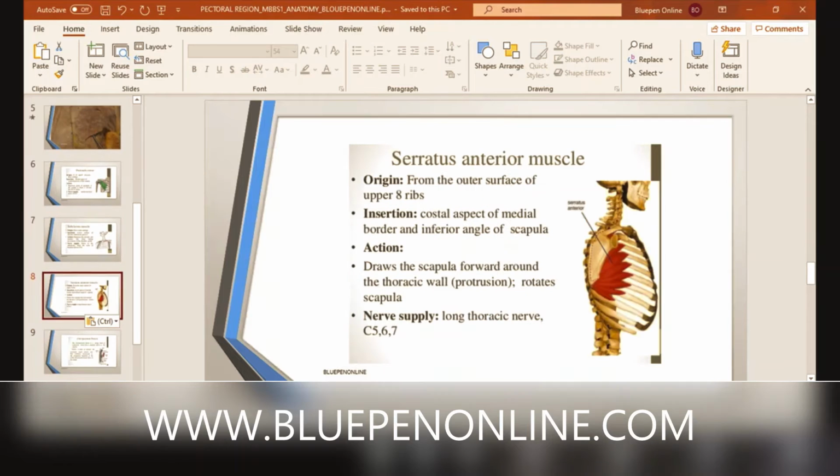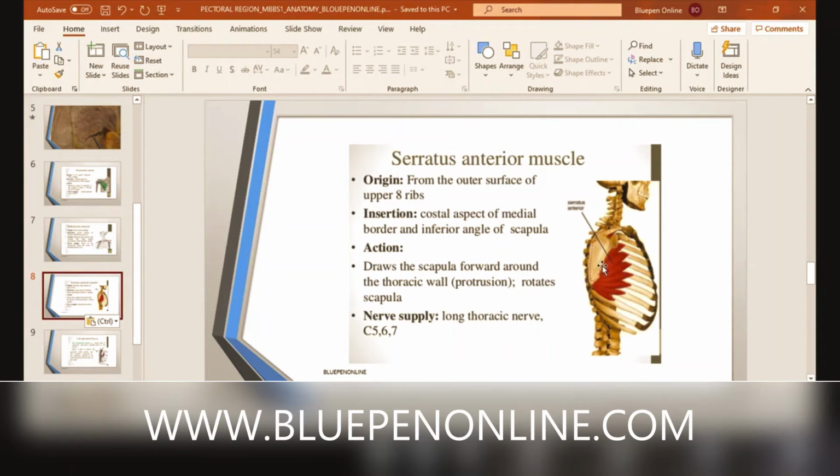Thank you, Sandhya. And next is the last muscle, the serratus anterior muscle. So see the beautiful muscle, serratus anterior. Who will answer that? Sophia? Sophia, I will help you. The origin is from the outer surface of 8 ribs and insertion is to the costal aspect of the medial border and inferior angle of the scapula.